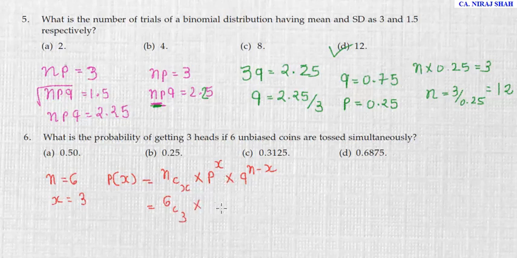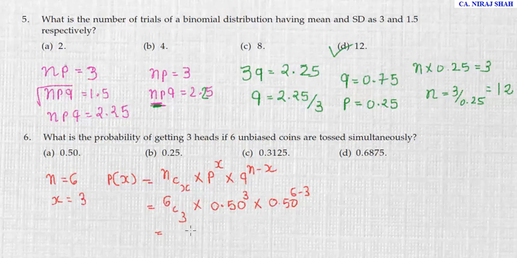Now p is 0.5 here because it is a problem involving tossing of a coin, and in a coin, head has a probability of 0.5 and tail also has a probability of 0.5. So q is also 0.5. 0.5 raised to 3, and here also 6 minus 3 is equal to 3. Now let's solve it using the calculator.